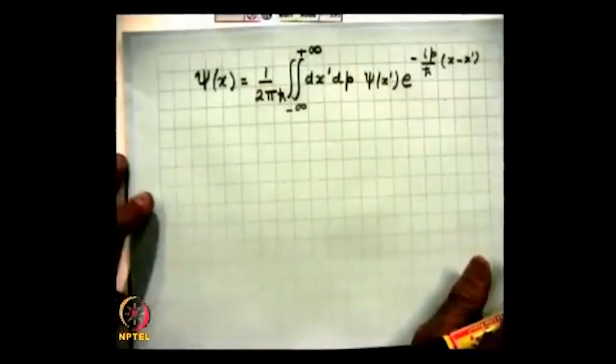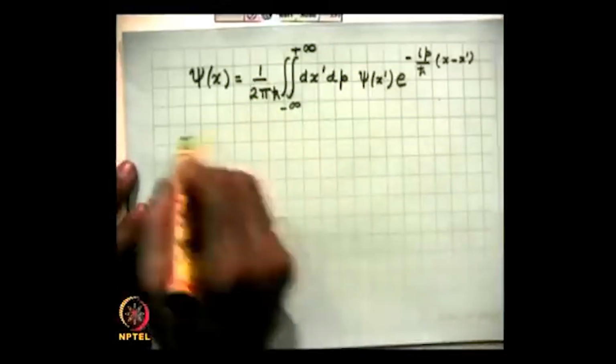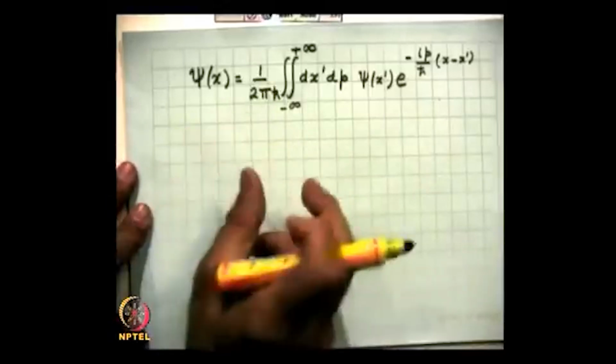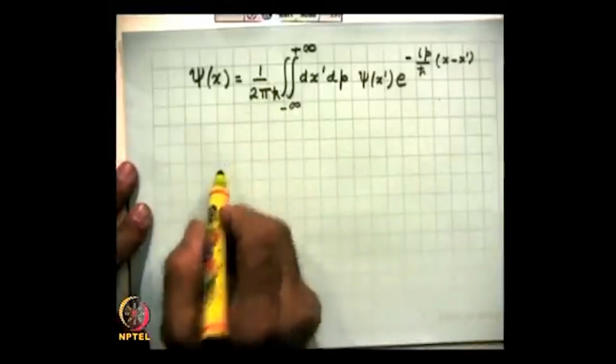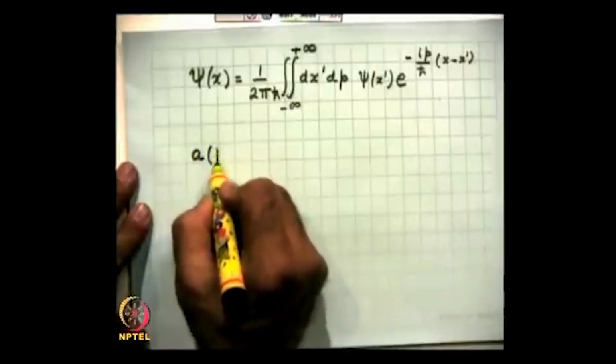As we had done earlier, we write 2 pi h cross, we split it into two parts and we define a function a of p.